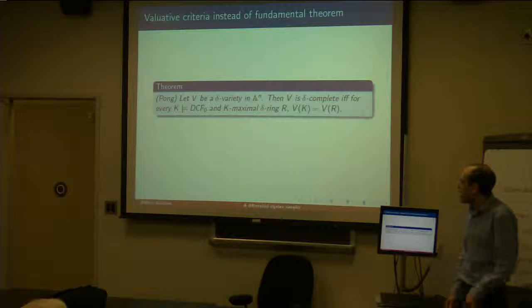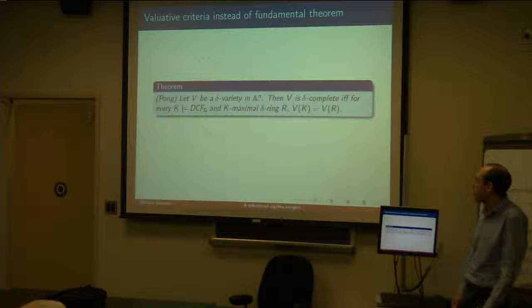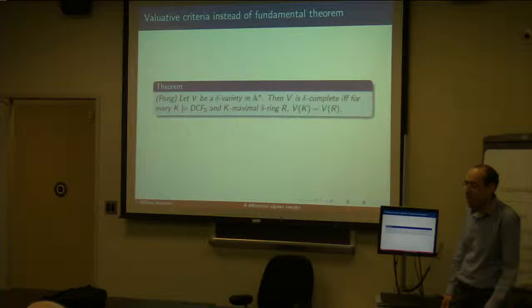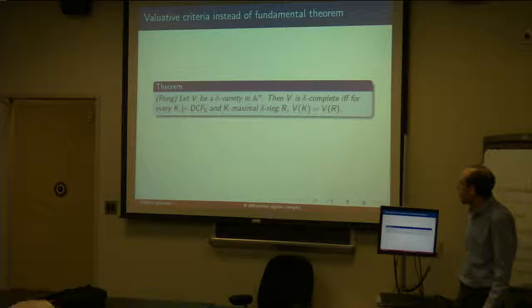Because we don't have valuation rings in general here, what we have is a criterion, or an equivalence condition for completeness, rather than a theorem saying that all projective differential varieties, whether finite rank or not, are complete.